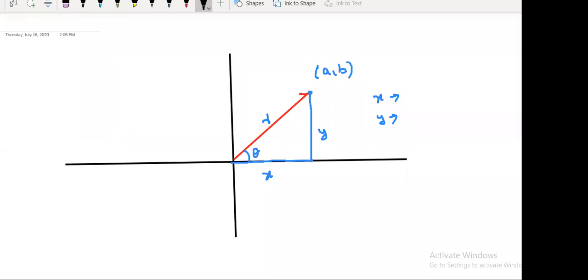X component is your base, right? So cos theta is equal to x by r. So x is r cos theta. Yes, x is r cos theta and y is r sin theta.